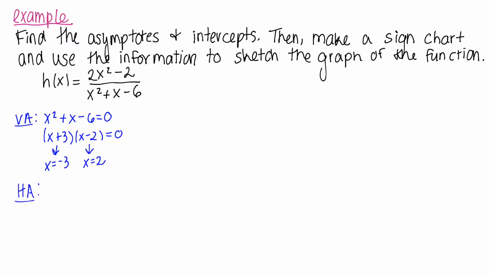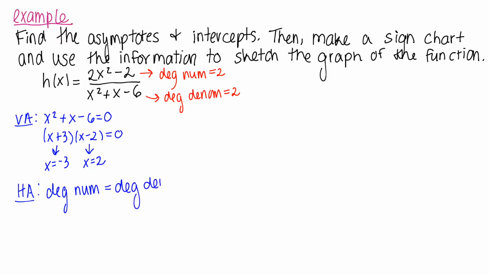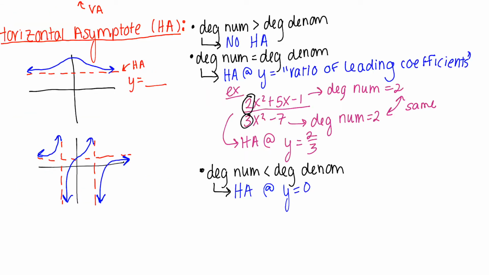For the horizontal asymptote, the degree of our numerator is 2. The degree of our denominator is also 2. So the degree of our numerator is equal to the degree of our denominator. Let me scroll back to our list so you can look at it. It means we're in the ratio of the leading coefficients territory.